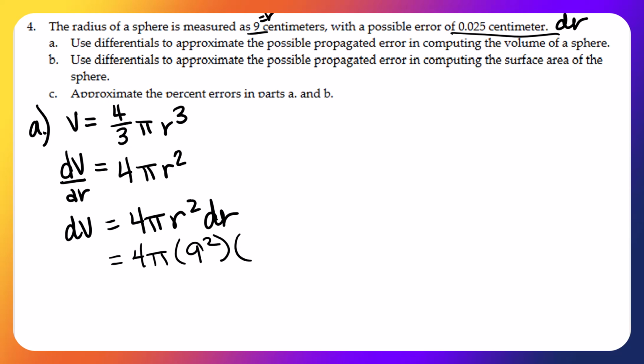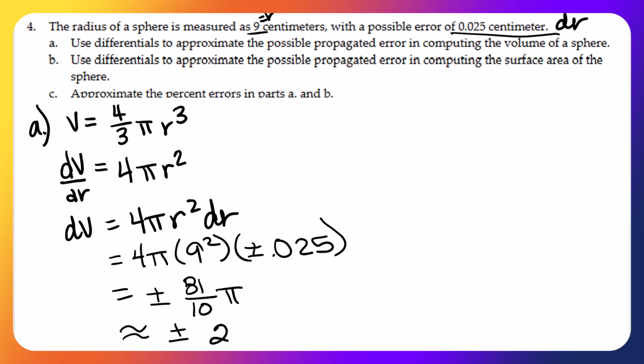And that error could be too much or too little, so I'm going to put a plus or minus 0.025 for my dr. So that would give me plus or minus, throw that all in your calculator, 81/10 pi, which would be about plus or minus 25.45, and volume would be measured in cubic units, which was centimeters, so that would be centimeters cubed.